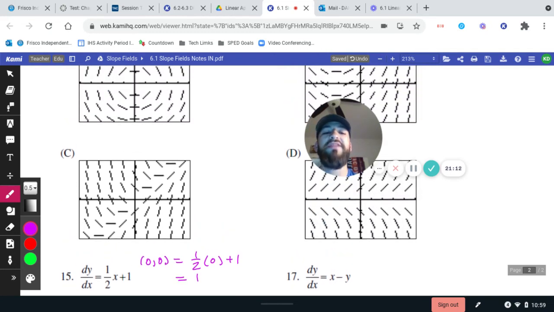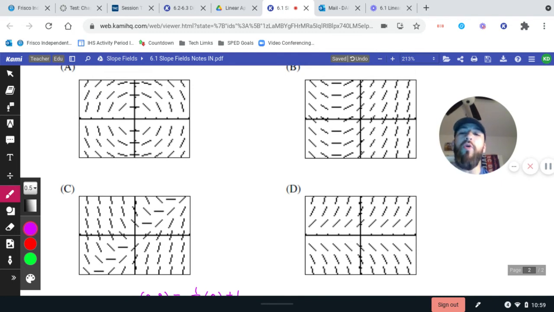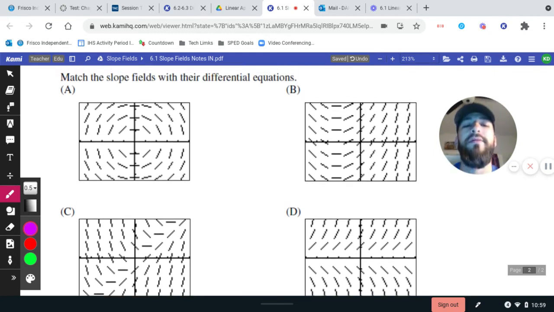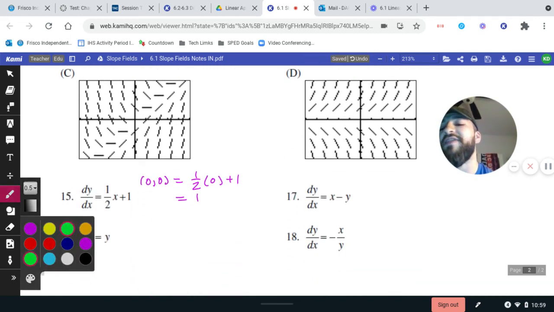So how many of these graphs have a positive slope of 1 through the origin? Well, not A, not C, not D, B. It's the only one that has that positive slope of 1 straight through the origin. So right off the bat, which one do I know is B? Has to be 15.